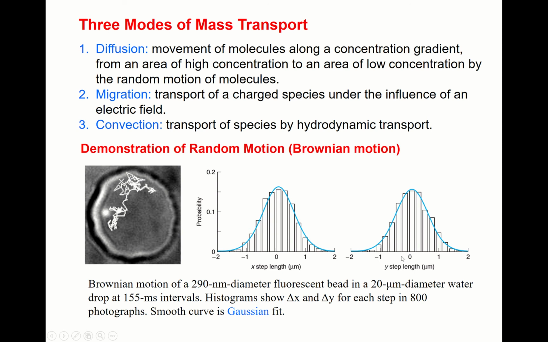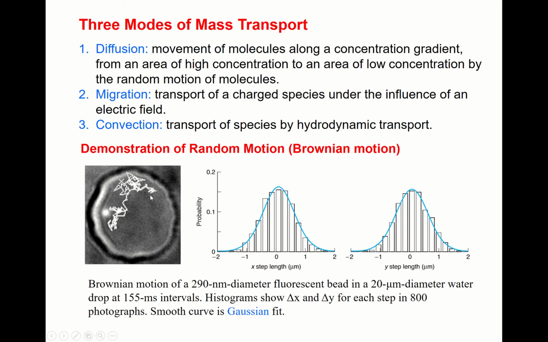And then, very amazingly, you get this curve. This is a Gaussian curve. This observation is well fitted by a Gaussian curve. Wow, amazing! So this is a demonstration of random motion.